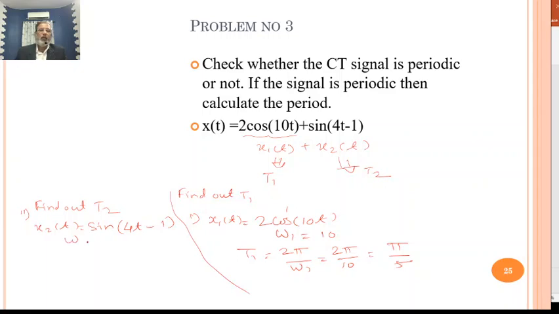Here omega 2 equals 4, hence T2 equals 2 pi divided by 4, which equals pi by 2. Means T2 is pi by 2 and T1 is pi by 5. This is the time period for the first signal and the time period for the second signal. Then we will find out whether x of t is periodic or non-periodic.